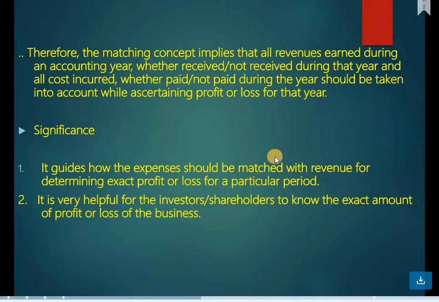It helps us to allocate expenses or revenues. Second, it is very helpful for the investors or shareholders to know the exact amount of profit or loss of the business. So to know the exact amount of profit or loss, we need the matching concept as well.